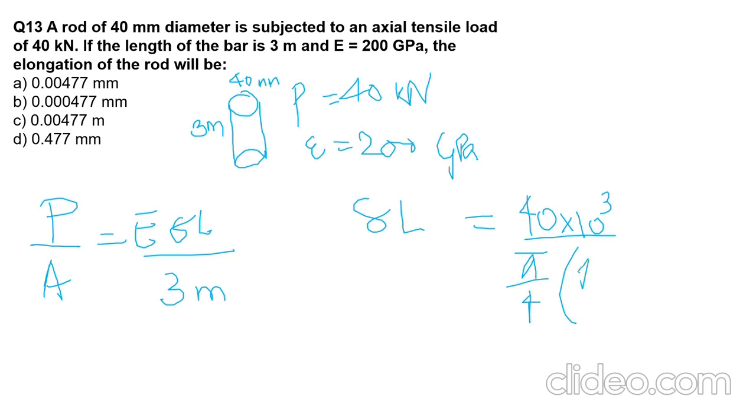So it is 40, and because we have to convert it into meters, 10 to the power minus 3, square, that is your P by A. You have to multiply it by your length, that is 3, and divide it by your E, which is 200 into 10 to the power 9. So now you have delta L. Can you calculate the value of delta L?